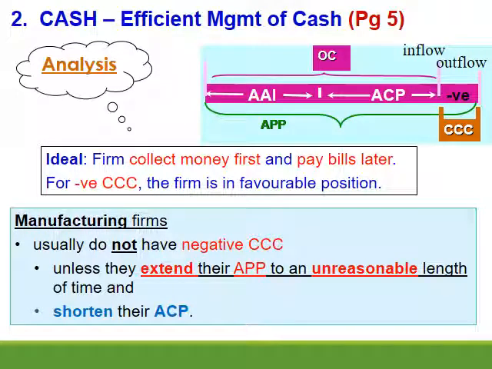Unless they take extreme measures to extend the APP and shorten the ACP, they may have a negative CCC, but usually unlikely. Any questions so far?